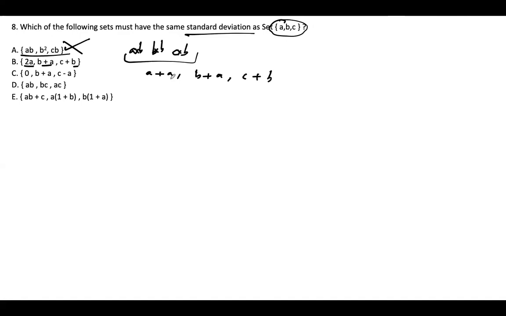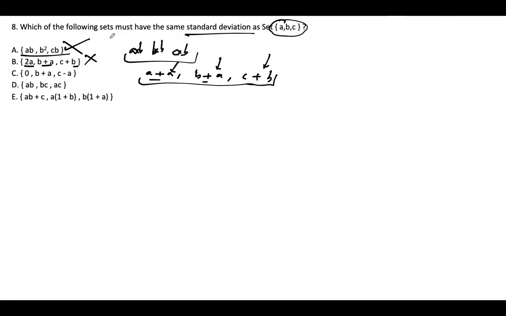Which of the following sets must have the same standard deviation as this? See, right now, what we are doing here is, I think this was A, B, C and we have multiplied by B, which may change the standard deviation. And the second is A plus A, B plus A, C plus B. We are adding different elements to different samples.